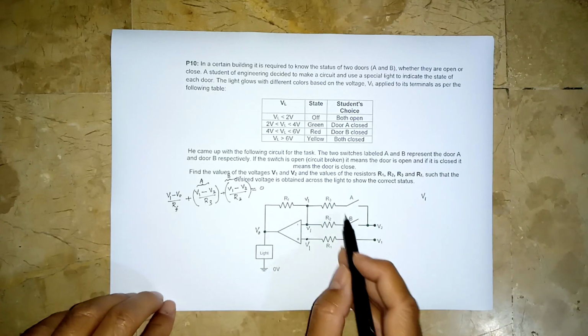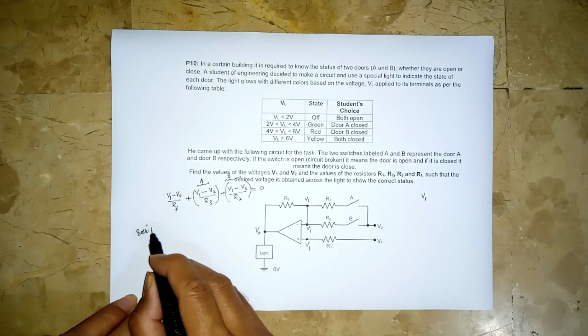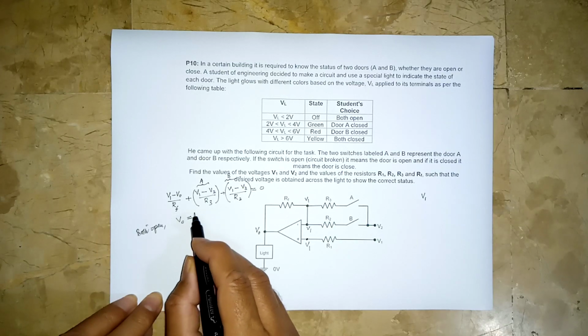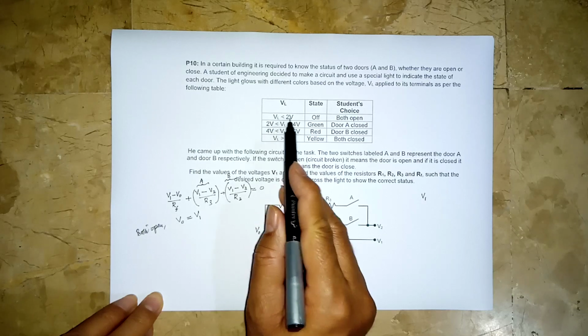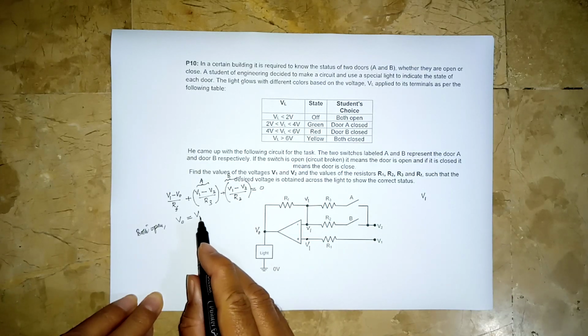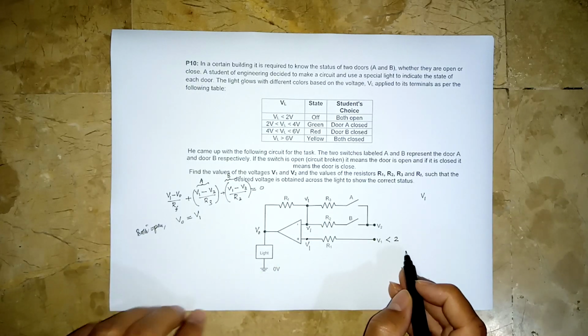So for both open case, VO will be equal to V1, and we know that for this case VL must be less than 2 volts. So this tells us that V1 cannot be greater than 2 volts.